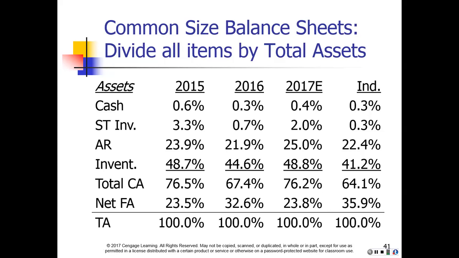And what is a common size balance sheet? Well, we simply take the largest item. In the balance sheet, it's going to be at the very bottom, the total assets. And we basically make everything a percentage of total assets. So for 2017, cash was 14,000, and total assets is 3.517 million.